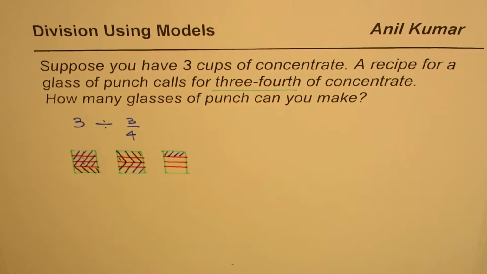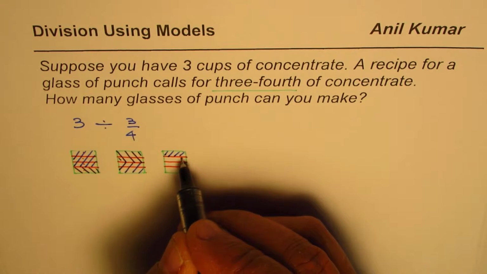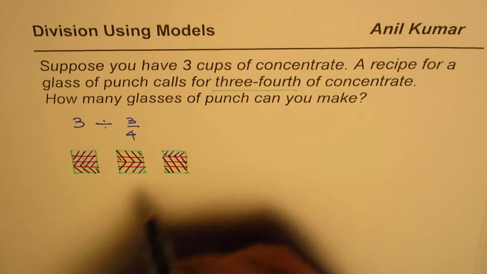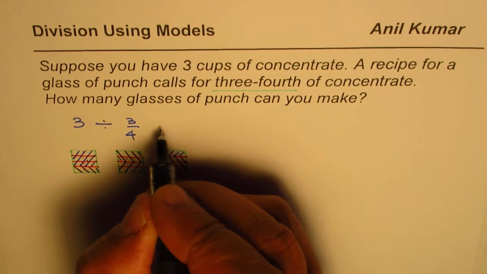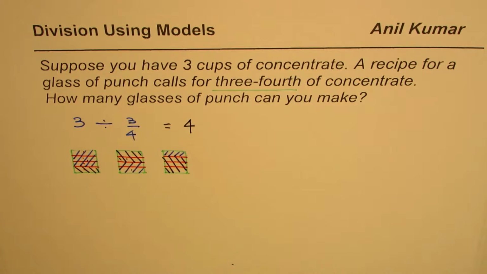So that is 3 1/4. And then again, we are left with exactly 3 1/4, so we have another glass of punch which can be made. We can count 1, 2, 3, and 4. So this should be equal to 4. That is how we can make a model and understand.